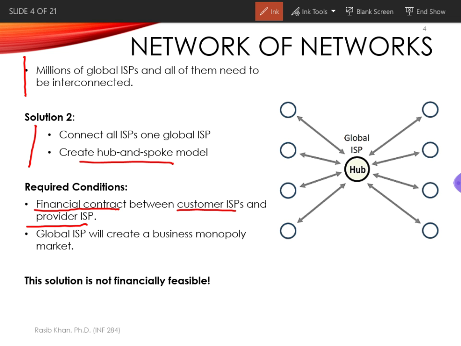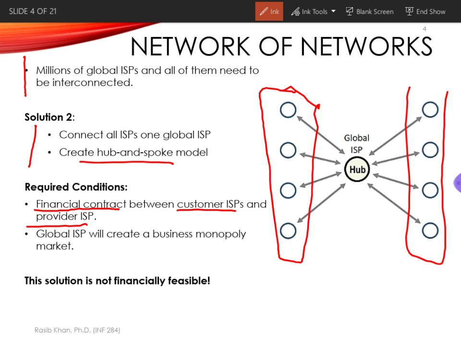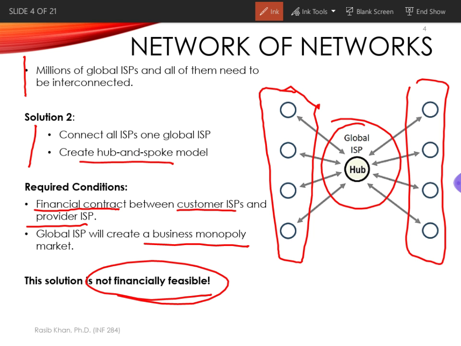The customer ISPs are the small scale ISPs which are connecting to the global ISP, and the provider ISP is the large ISP which connects all these smaller ISPs in the hub and spoke model. This eventually will create a business monopoly, and even if this is technically feasible, it might not be a financially feasible solution.